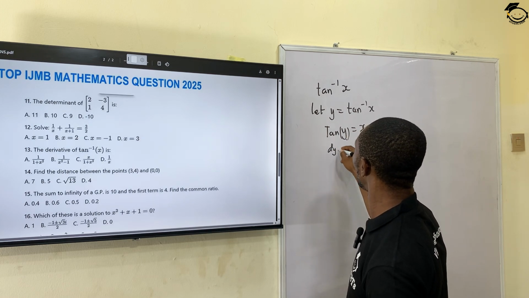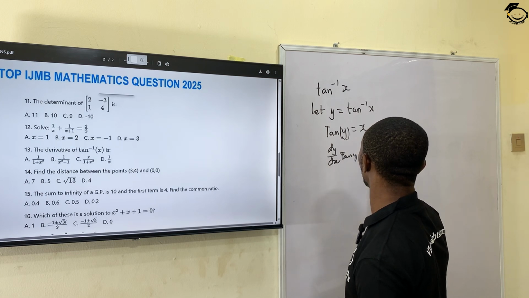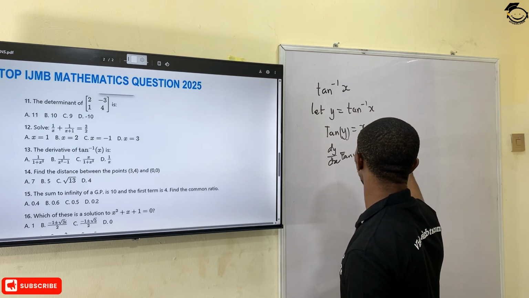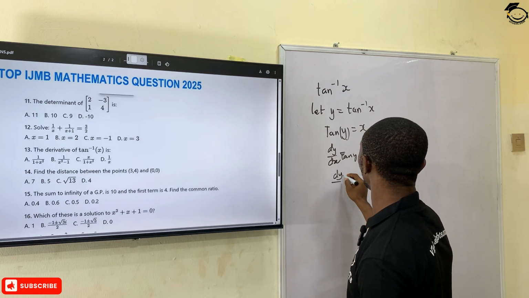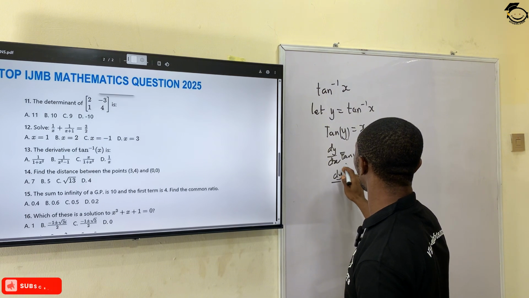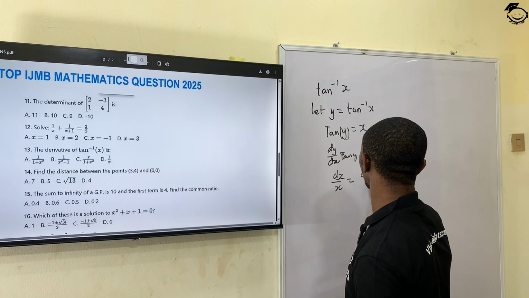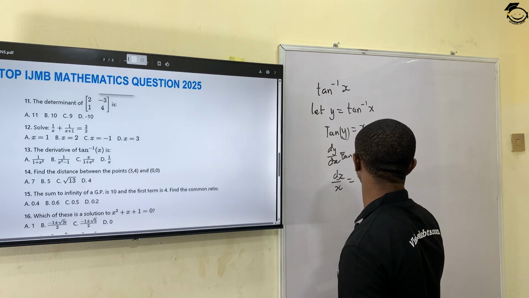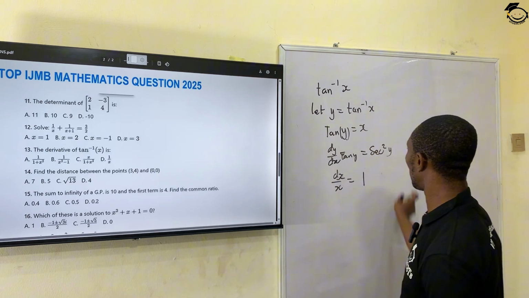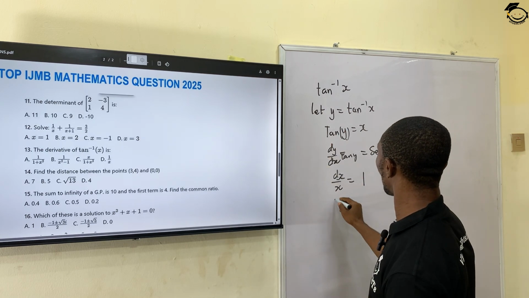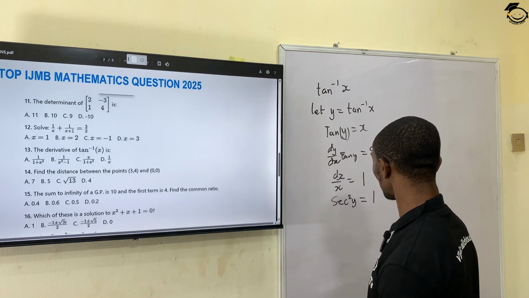Our dy/dx of tan y will give us sec squared y, and the dx of x will give us x over x, which will give us 1.